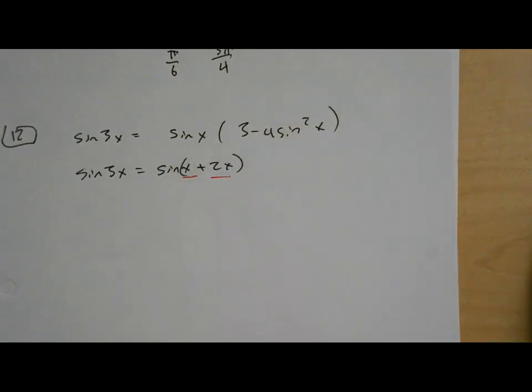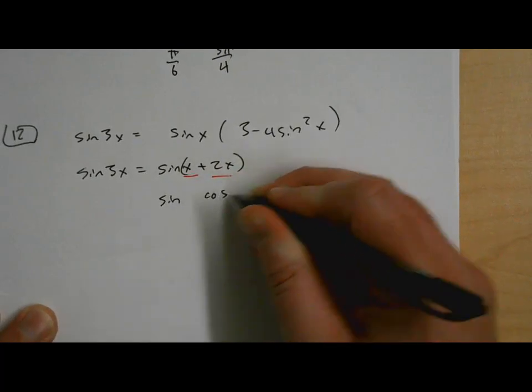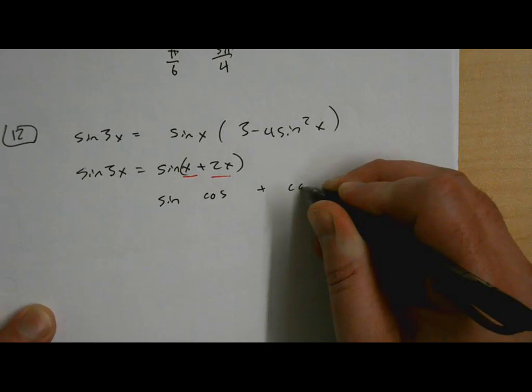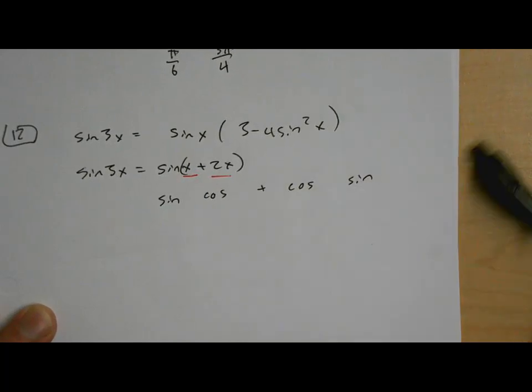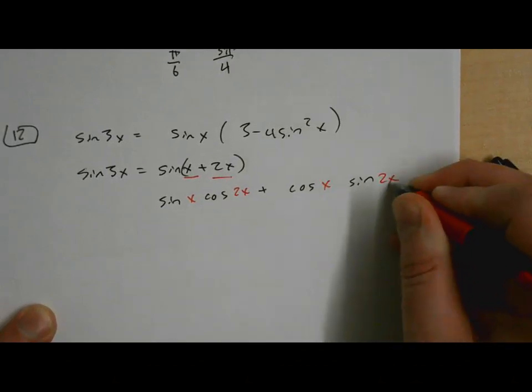So we'll go to our angle sum identities for sine. It's sine cosine plus cosine sine, so sine x cosine 2x plus cosine x sine 2x.